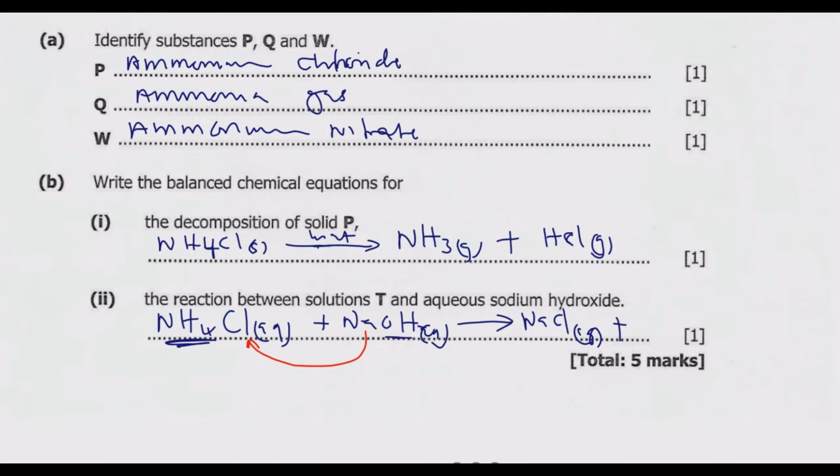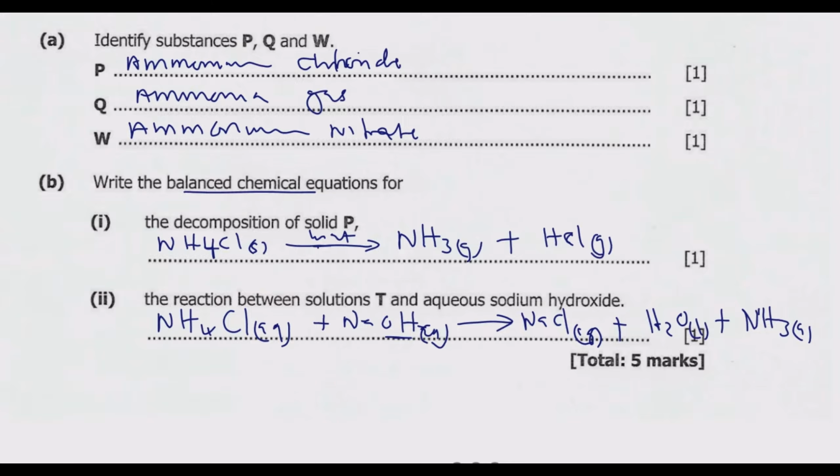This is going to form two compounds, which are water, which is liquid, and ammonia gas. So this is what is going to be formed. Once we have that, it's a matter of ensuring that we balance these equations, because the question is asking us to write the balanced chemical equations. So that's what we need to ensure.